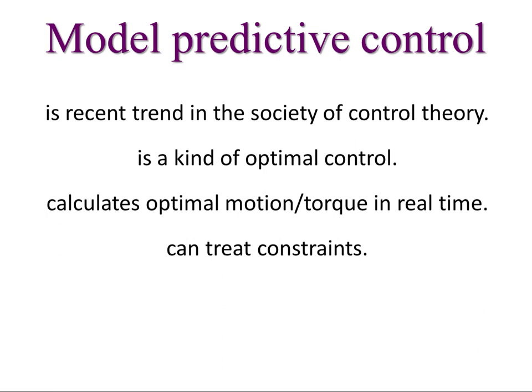Model predictive control can take into account constraints such as input limitations and can be applied to nonlinear systems, making it applicable to many real-world control systems and achieving high control performance.